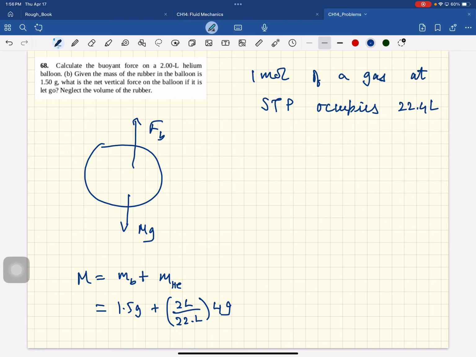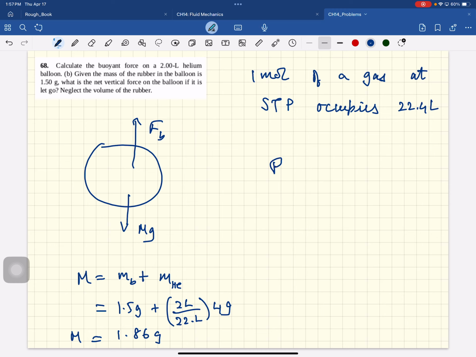Okay. So 1.86 grams is the mass total being supported.